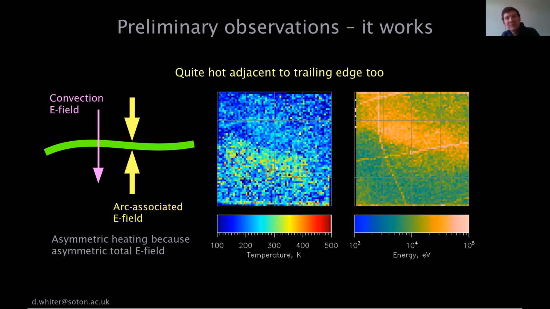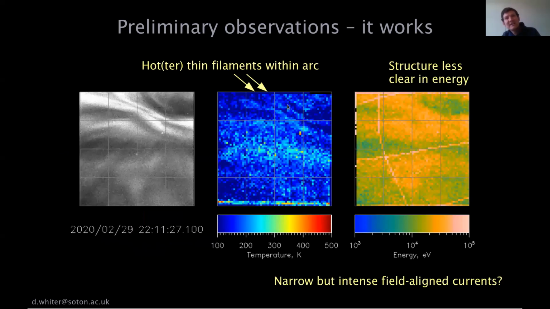So here, where the temperatures are not as hot, that's probably on the side of the arc where the convection electric field and the arc associated electric field are opposing each other. Whereas the leading edge of the arc, we probably had a much stronger total electric field. Something else I picked up in those observations are these narrow regions where the temperature is increased. It's not as much as in the Joule heating, but it is increased there.